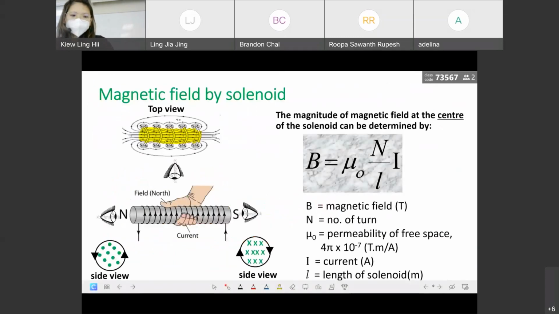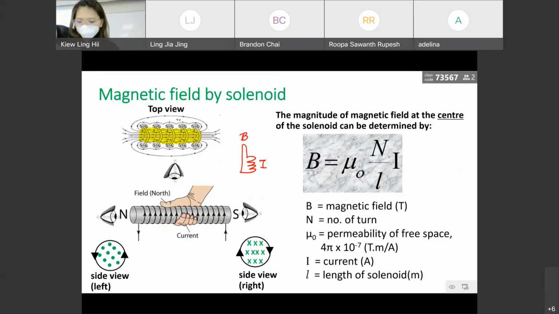another type of orientation is a solenoid. For a solenoid we also use the right hand grip rule. To make our life easier, the direction of finger shows the direction of current, whereby thumb shows the direction of magnetic field. Just imagine you are holding the solenoid with your fingers following the direction of the current, just like what the diagram is showing.